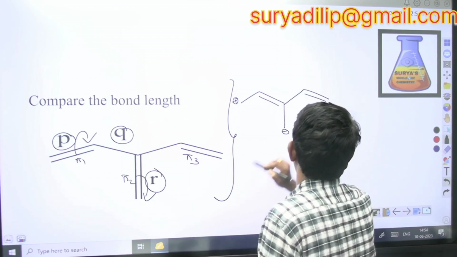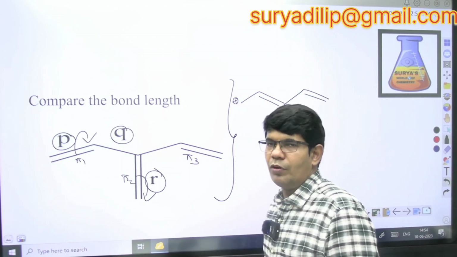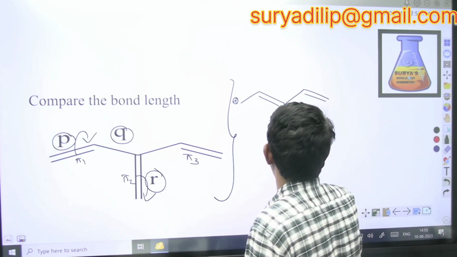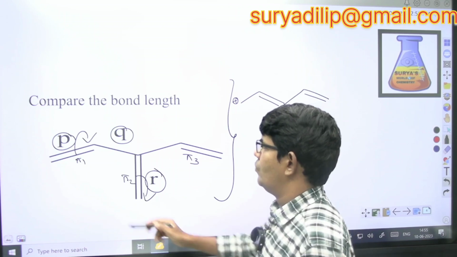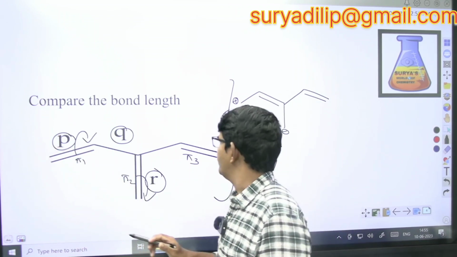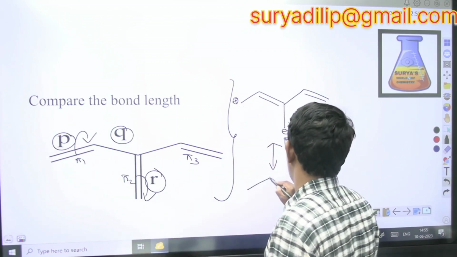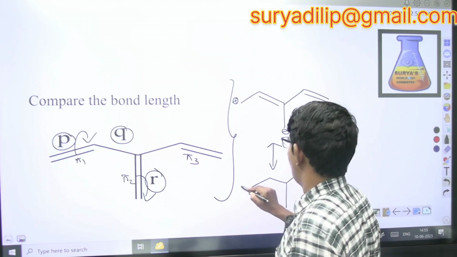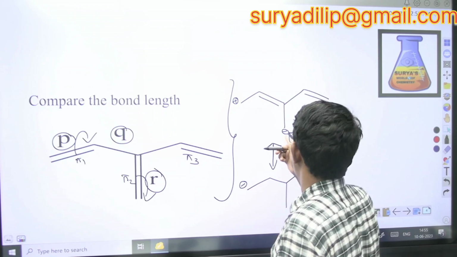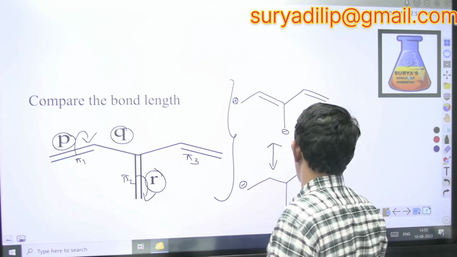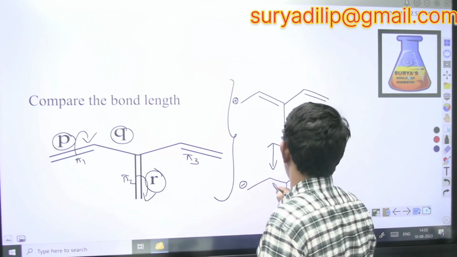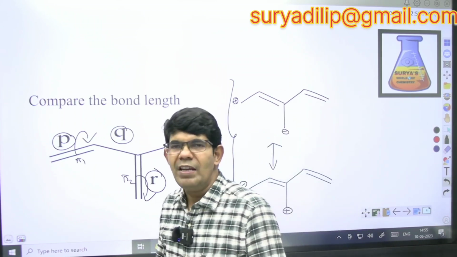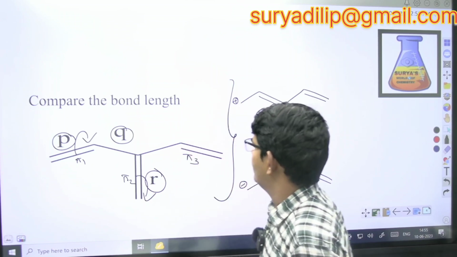Alternatively, we can have one more possible resonating structure, where you can shift the pi bond the other way. Then what is the new resonating structure we will have? Where you have a positive charge, here you will have a negative charge. Where you have a negative, here you will have a positive charge. But the pi 3 bond will remain as it is.